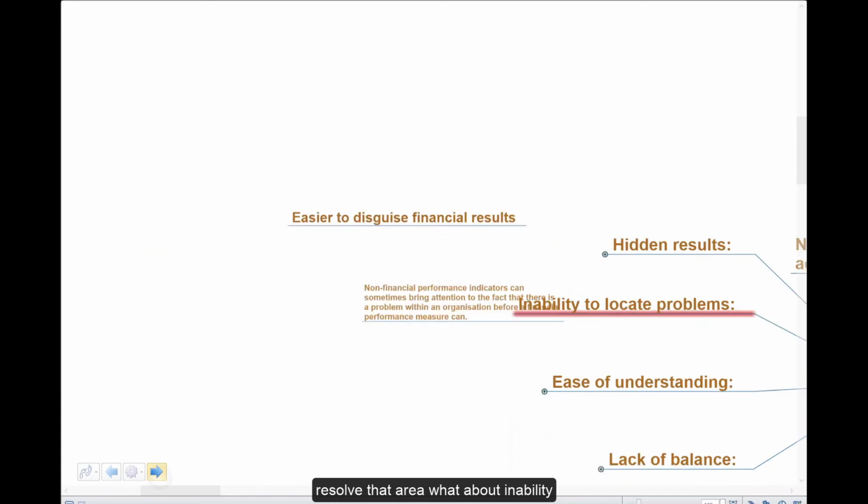It's not, as I said earlier on, overly difficult to manipulate a set of accounts. I don't mean illegally. I mean just by using, let's say, different accounting policies. There's a great old saying that you can make a set of stats or numbers say what you want them to say depending upon how you present them. Okay? So bringing in non-financial information does something to resolve that area.